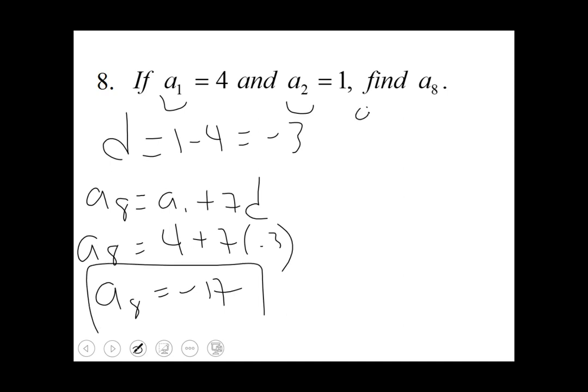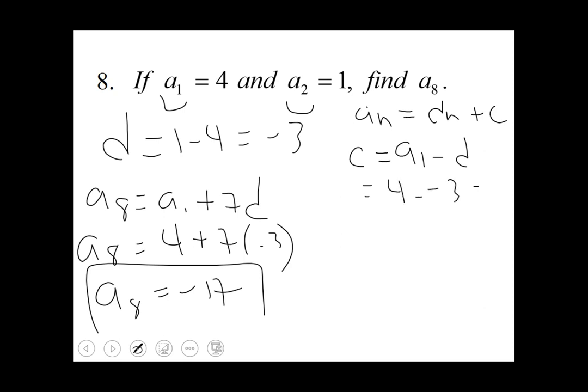Your other option here would be to use A sub n equals dn plus c. In order for this to work, you would have to find c. Because you know the first term, a1, you could subtract the common difference. So 4 minus negative 3.